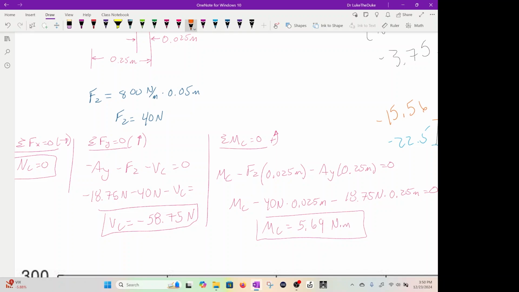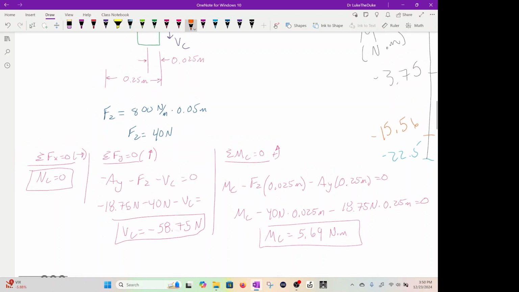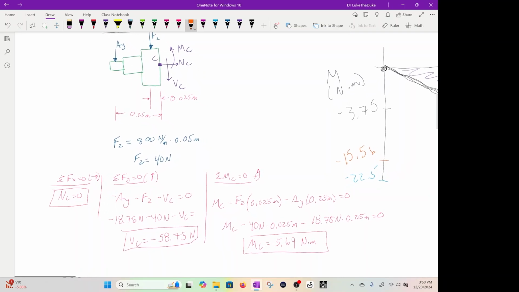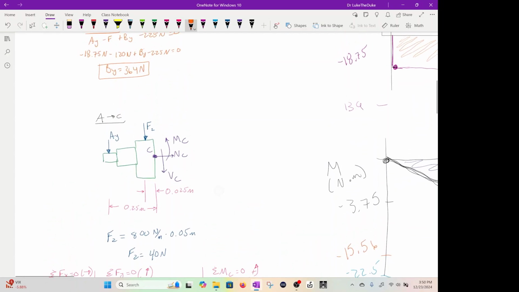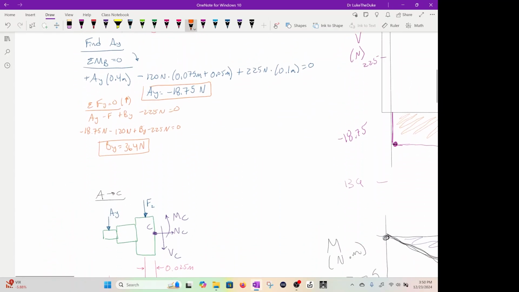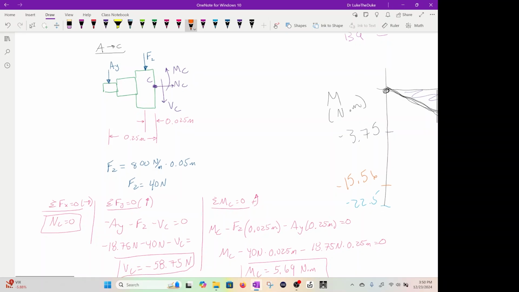Okay, so we get negative 18.75 minus 40 newtons minus VC. So you get negative 58.75. Okay, if you notice, I did make AY going downward now, which is flipped from what we had, just to make sure you're clear on that.